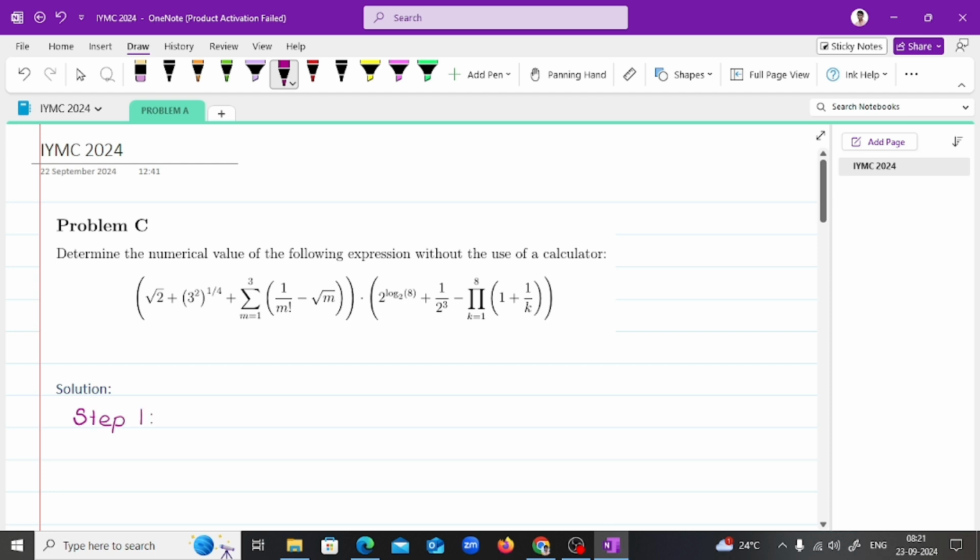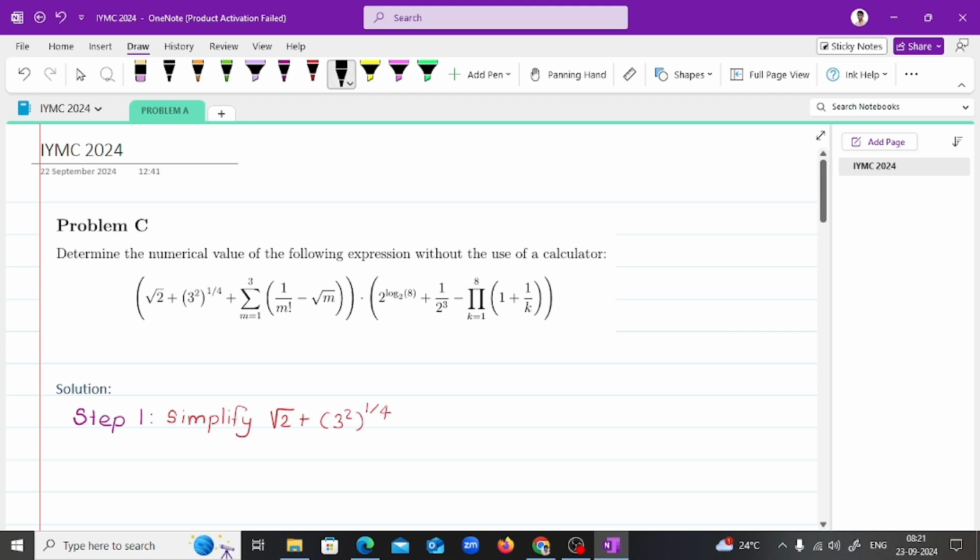in step 1 first we will simplify the first two terms from the first bracket, that is (√2 + 3) squared raised to 1 by 4.